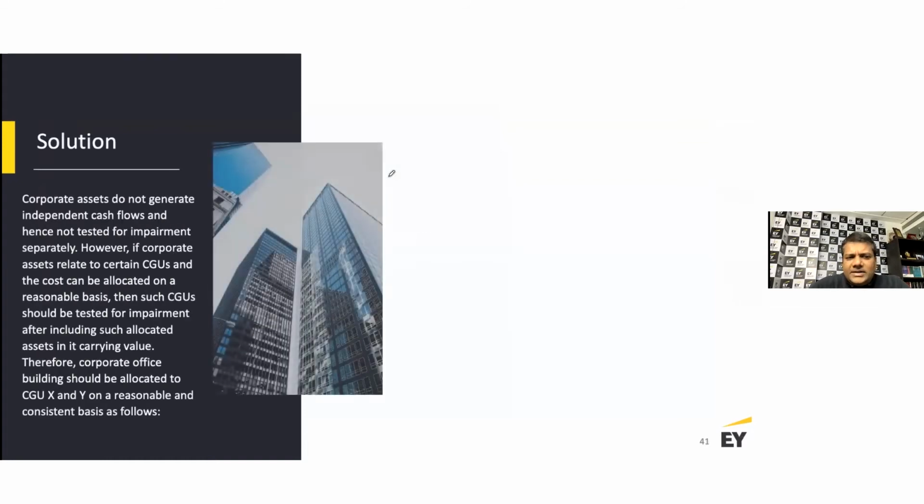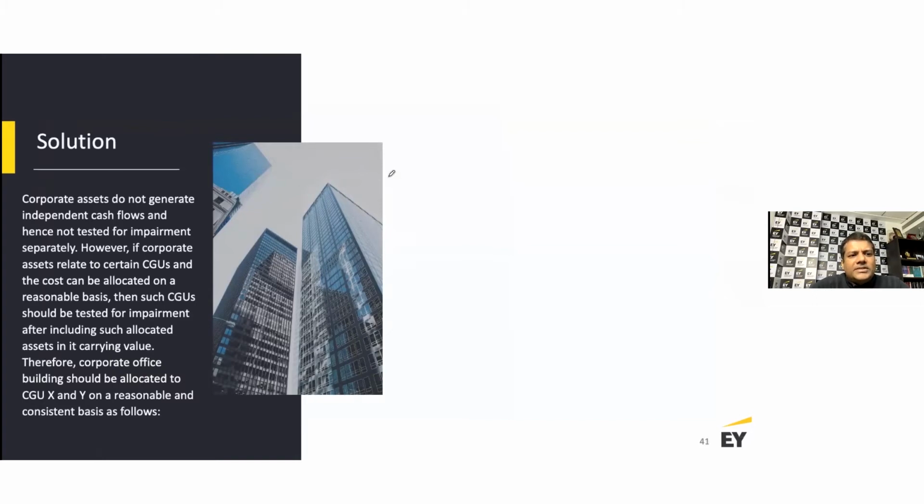So here, essentially, we first need to allocate the unallocated asset, and then we have the information to determine how much my impairment loss is. Corporate assets do not generate independent cash flows and hence are not tested for impairment separately.